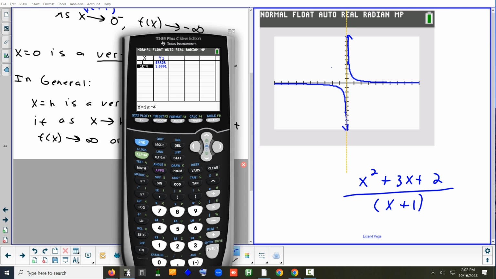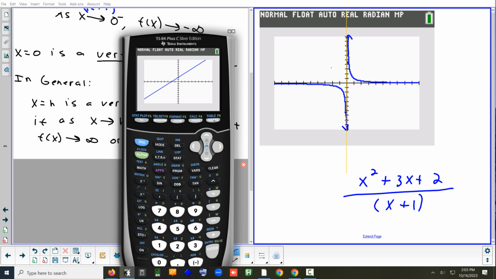But let's graph it and watch what happens at negative 1. Does it look like anything happened? No. It almost looks like it's a straight line. So negative 1 is still a value you cannot plug in, but it's not a vertical asymptote.